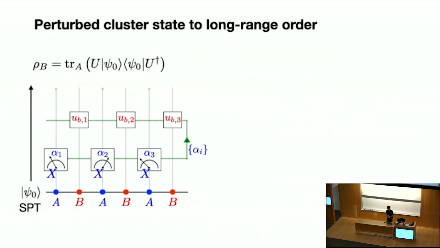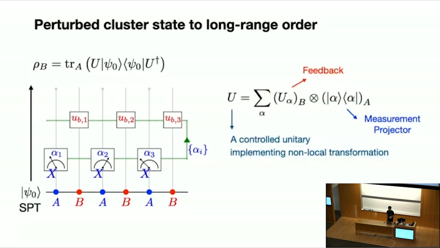Yeah, all right. What is the idea behind this? So basically, we understand that when you do measurement and feedback, that amounts to implementing some unitary on the initial state, followed by tracing out the measured degrees of freedom. In particular, the unitary you consider is determined by the feedback unitary and the measurement you have.